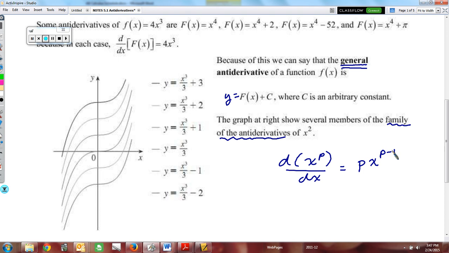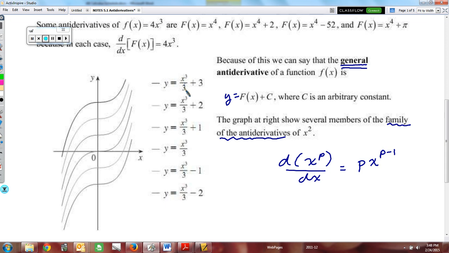Instead of subtracting 1 from the exponent, you add 1 back in. So instead of a 2, it must have been a 3. And then instead of multiplying by that 3, that exponent, you should have divided, because you're working backwards. So we are using an inverse process when we're doing this.